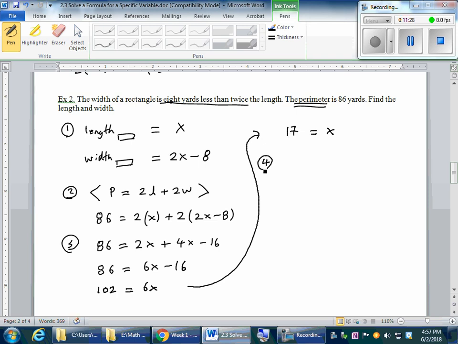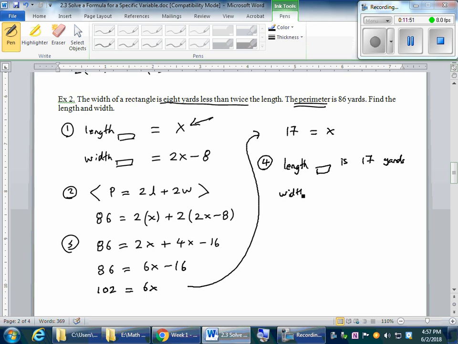Finally, we can interpret it. The question is asking you to find out both the length and the width, so I can say that the length of the rectangle is 17 yards because the length is represented by x. So x is equal to 17.